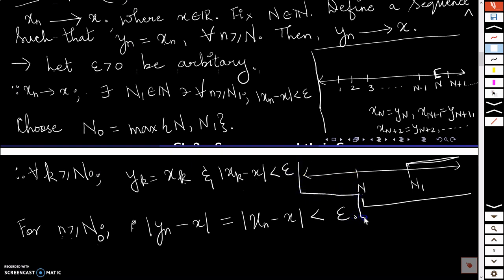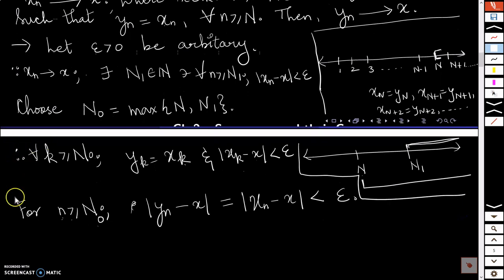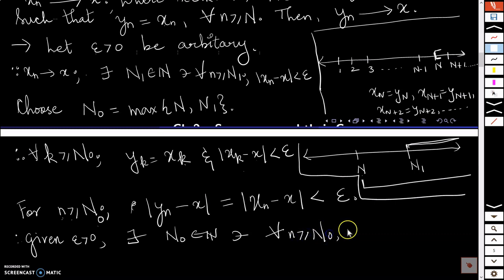So finally, what did we prove? Therefore, given epsilon positive, there exists a natural number n naught such that for all n bigger than or equal to this n naught, the difference between yn and x is less than epsilon.